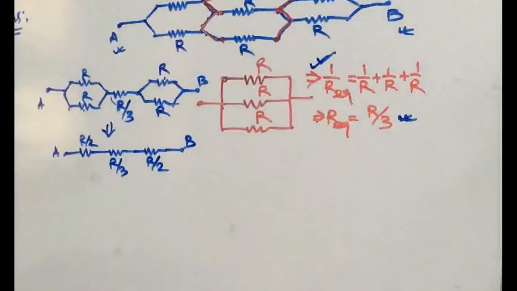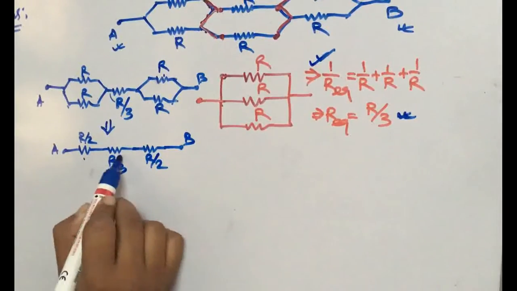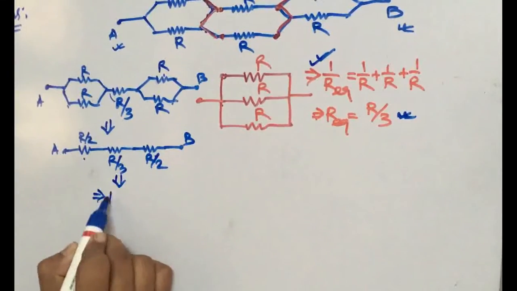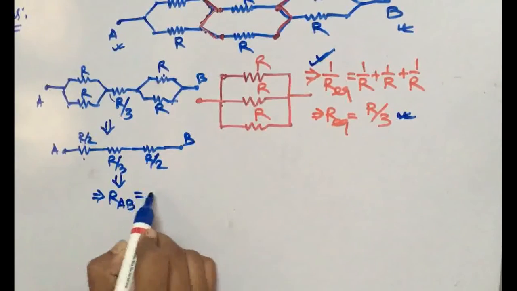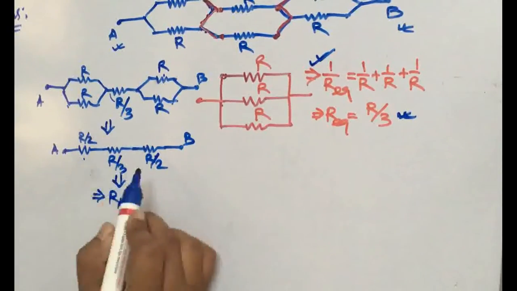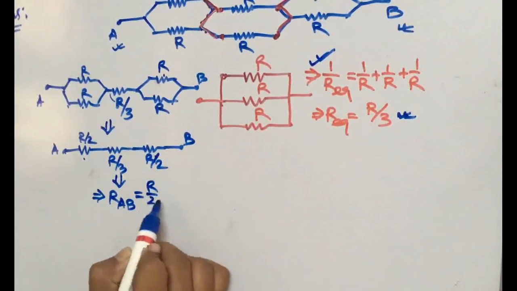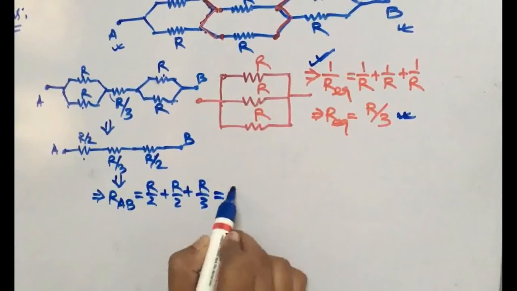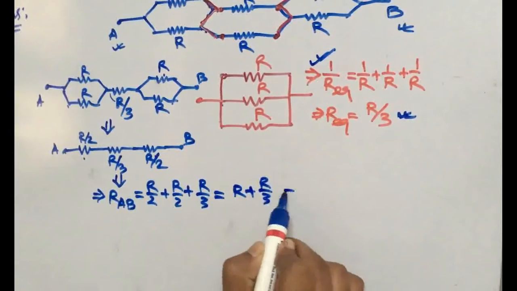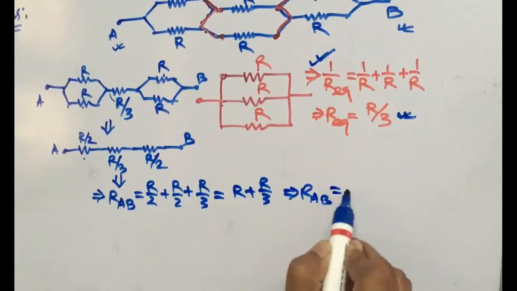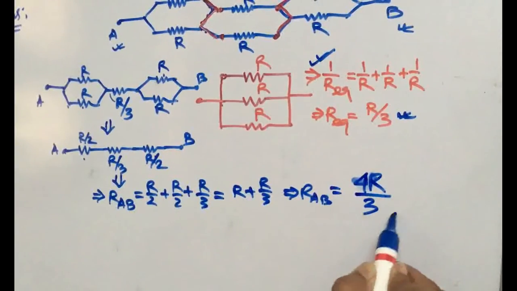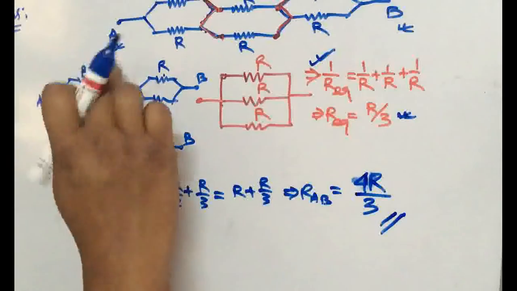Now these all are in series between A and B. So R equivalent, or RAB, we get by simply adding them, since they are in series: R by 2 plus R by 2 plus R by 3. This will be R plus R by 3, so RAB will be 4R by 3.